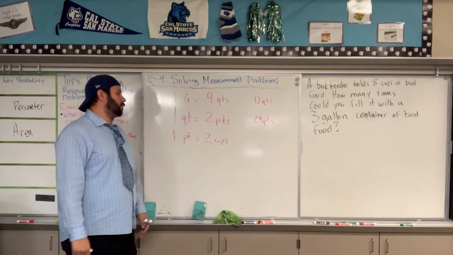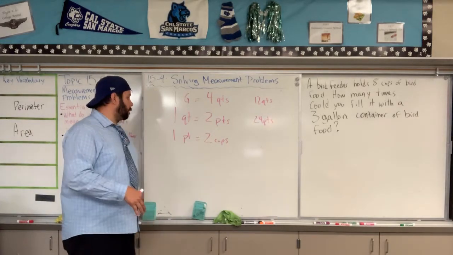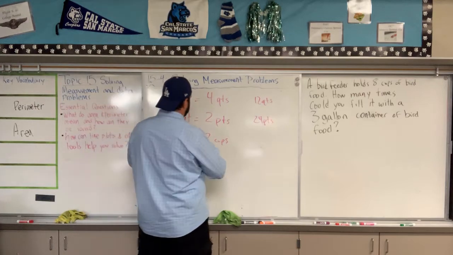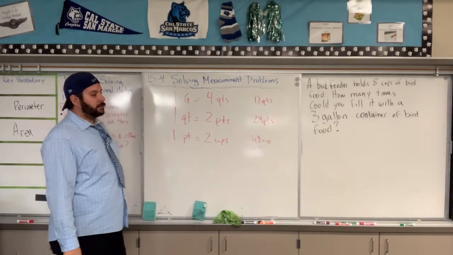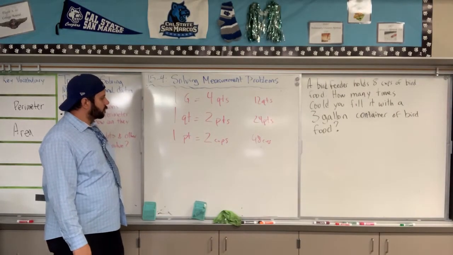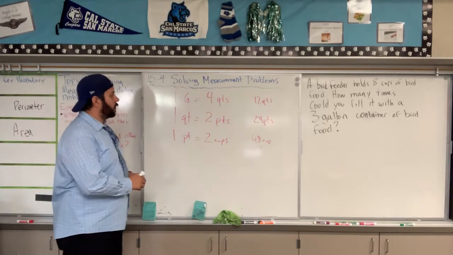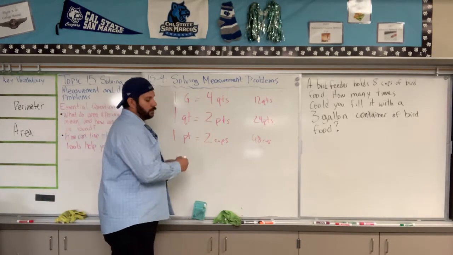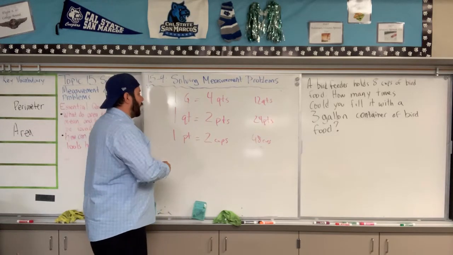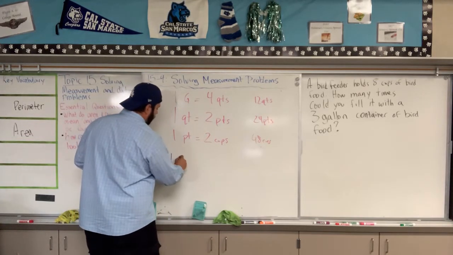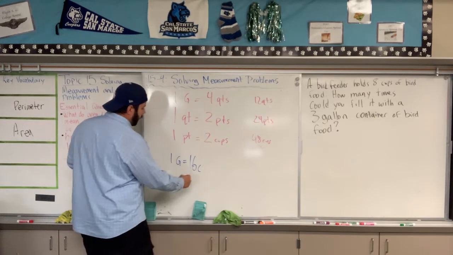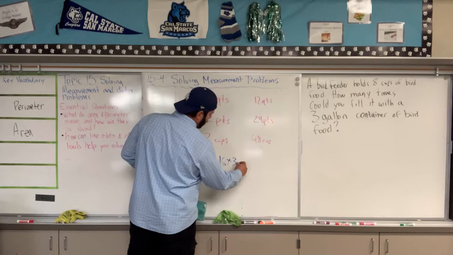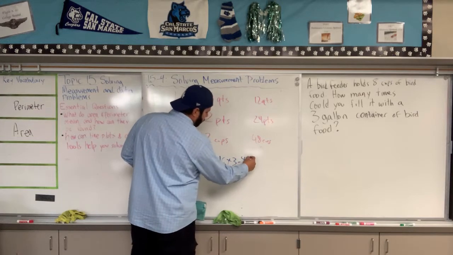And if 1 pint equals 2 cups, that means 24 pints equals 48 cups. So yeah, 48 cups. That's one way we could have done it. We could have also done, hopefully you remember that 1 gallon also equals 16 cups, and 16 times 3 equals 48.